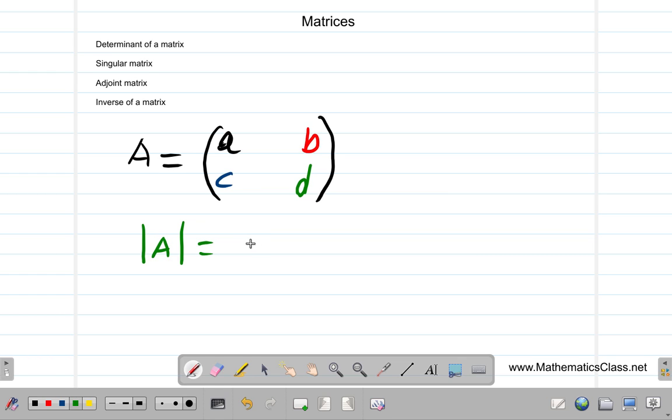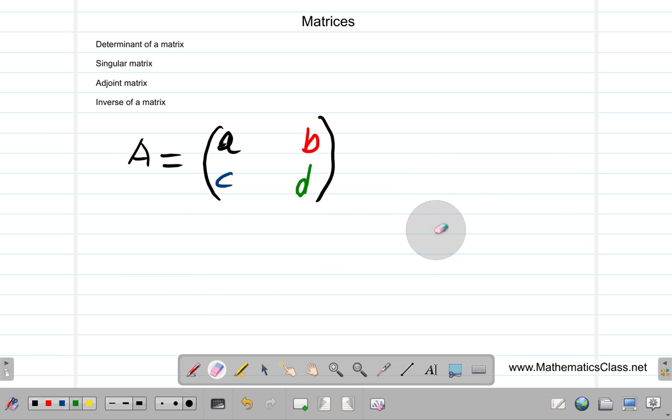That is one symbol you could use. Another symbol is this. You have your A, your B, your C, your D. That means the determinant of this matrix with the vertical lines on both sides means the determinant of. You see that?